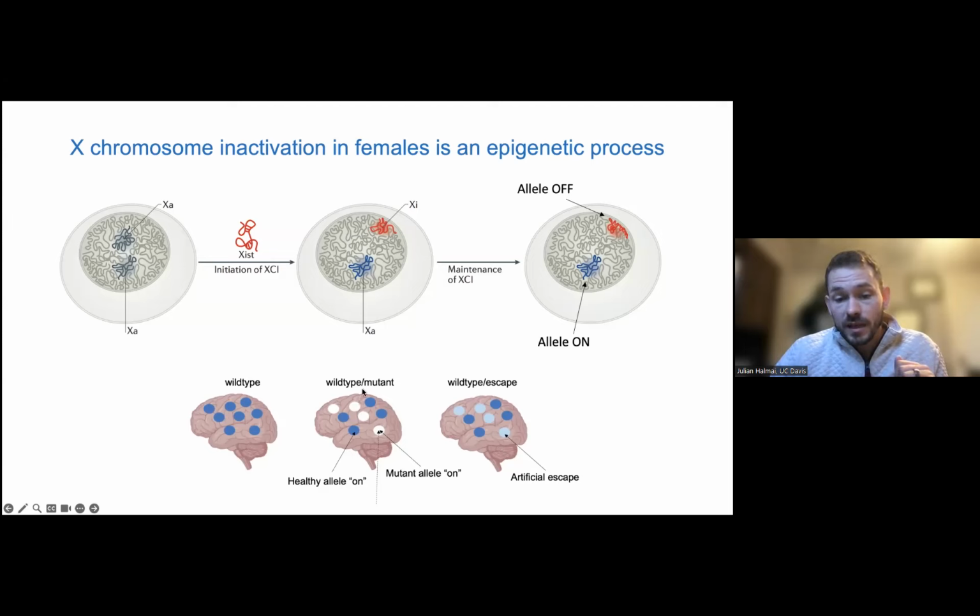In an individual that has a mutation, in 50% of cells these express the wild-type allele, and 50% of cells express the mutant allele. In those cells that have the mutant allele active, the wild-type allele is the one that's off in this Barr body, and the mutant allele is on.